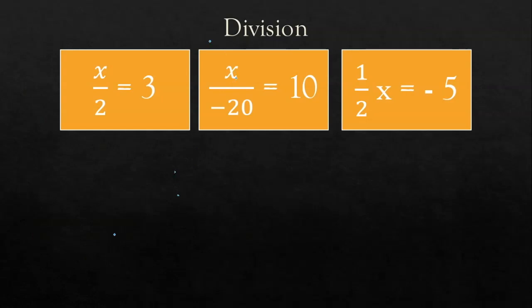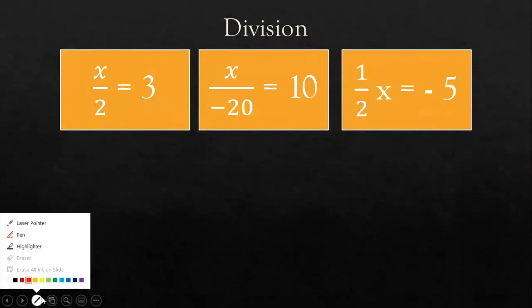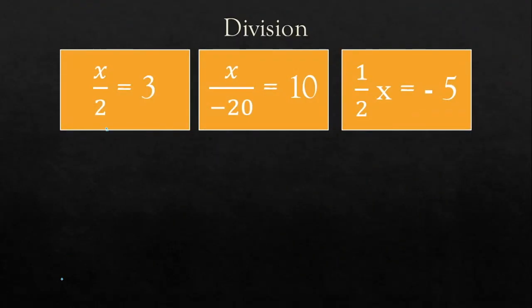Okay, so now we have division, but we're going to use multiplication to solve for it. So it's kind of confusing because I just called the last one division. Okay, so again, we're looking at our x, or our variable. In this case, I've continued to use x because I find it less confusing for students. So we have this x on the top, and we're going to ask ourselves, what is happening to it?